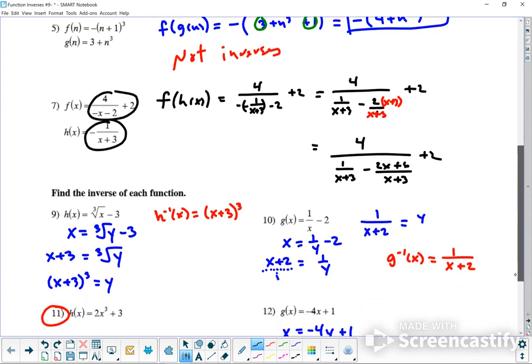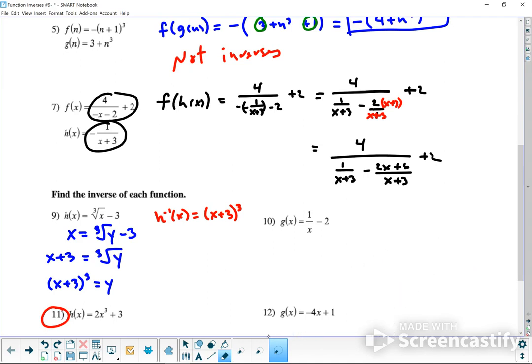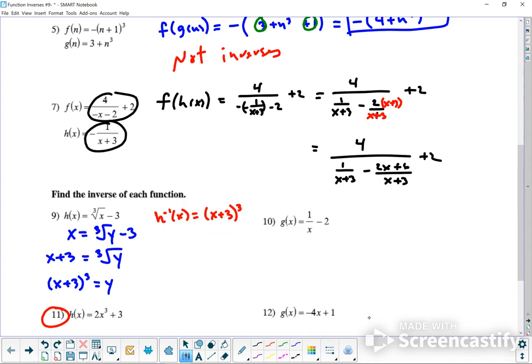I need some more space, which means I'm going to get rid of some of this stuff down here. Okay, so I get 4 over, and then since they're both x plus 3, I can combine that.